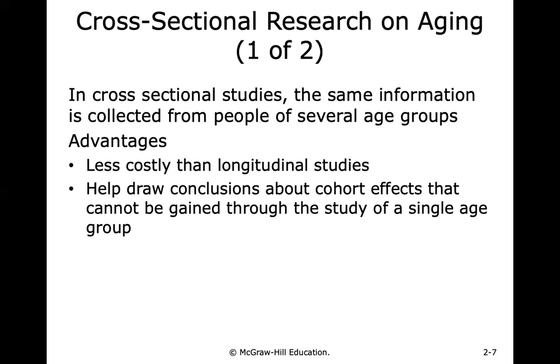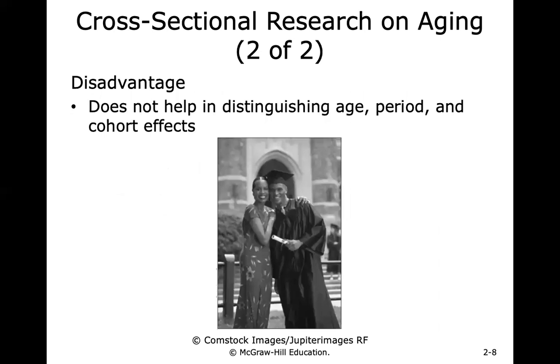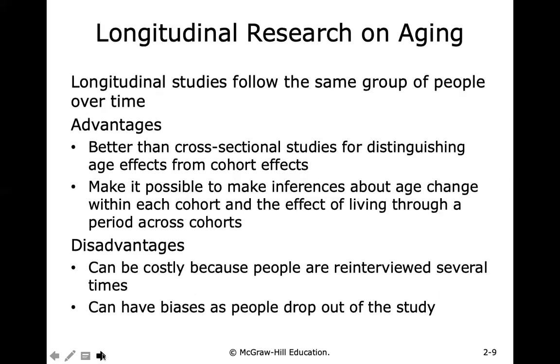Okay. So a disadvantage, it doesn't really help to distinguish what may have been a period effect or an age effect. So those are some of the disadvantages for cross-sectional research.